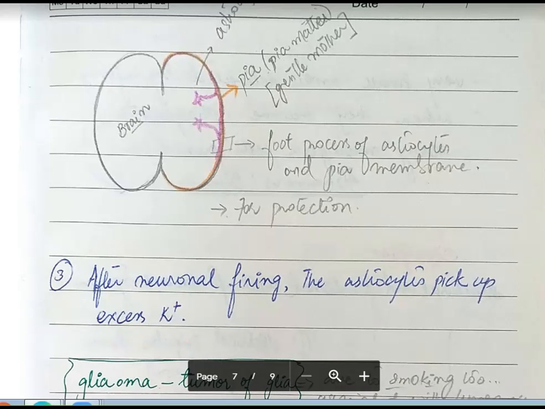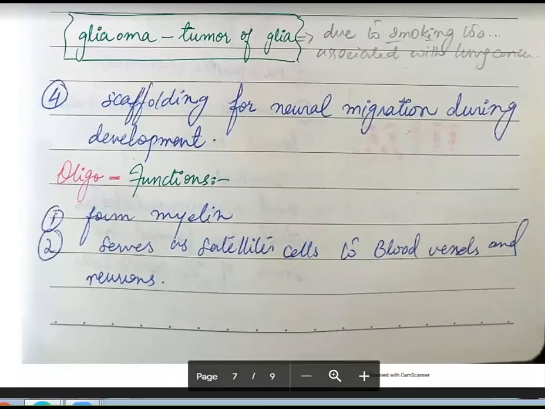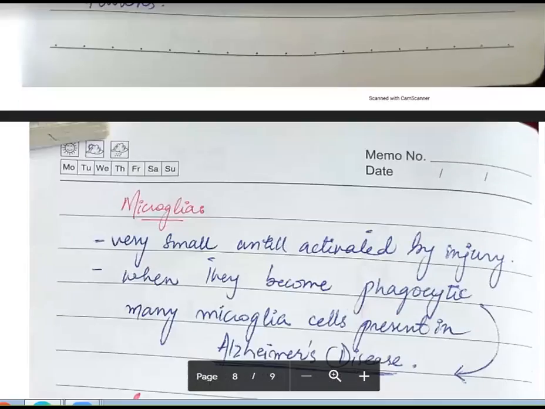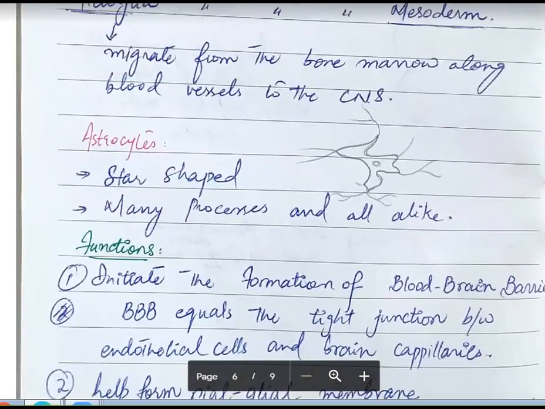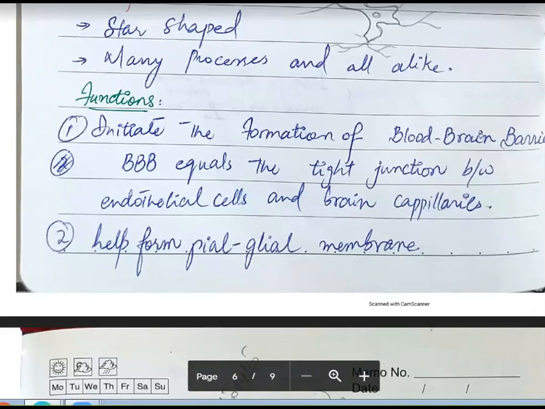Then you should know regarding the ependymal cells. It's not mentioned over here. The ependymal cells make up the blood CSF barrier. I will send you the picture of the book if it is not in the PDF. So you can just write it in your notes that ependymal cells make the blood CSF barrier.